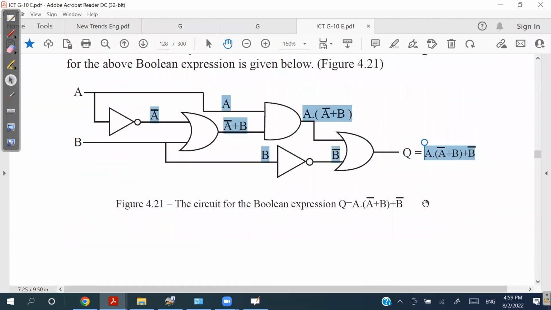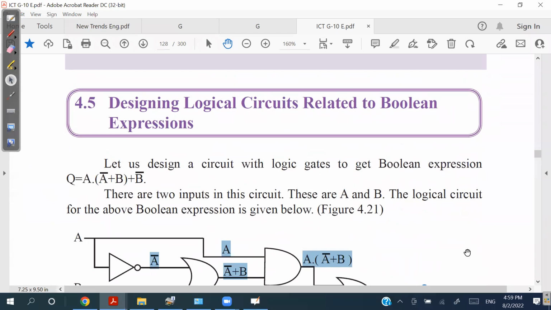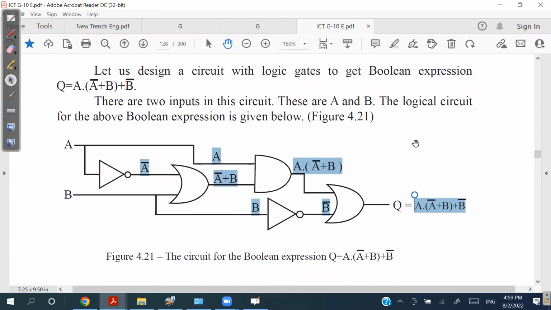Even though the book explains it in a bigger manner, it's a very simple thing that you need to understand. By next week, we are going to design this kind of circuits, and first of all, we try to take an output from this kind of bigger circuit. Later, we will design circuits for a given expression, right? So let's learn about it next week, people.